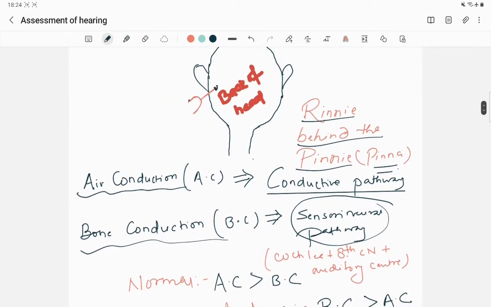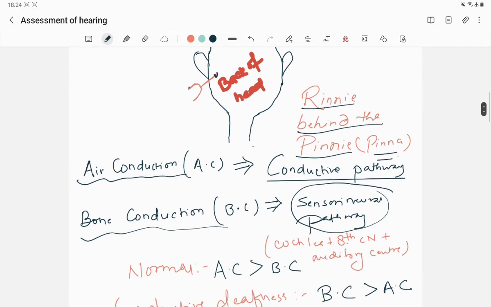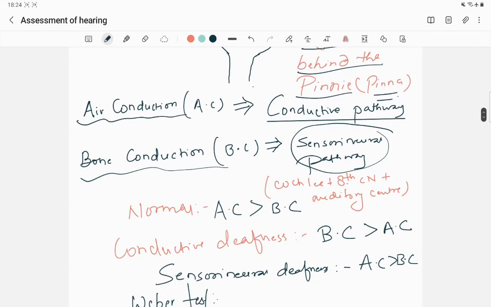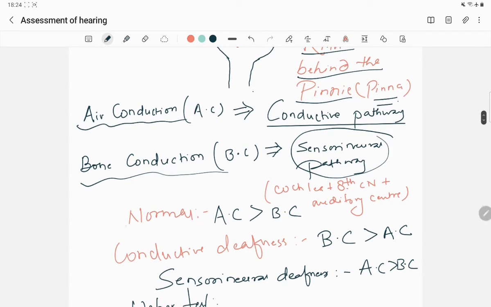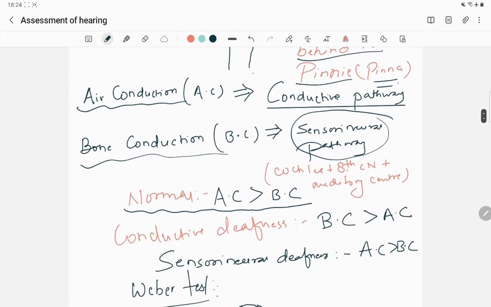Now if the person says he hears better when it is kept next to the ear, that is his conductive pathway, so that will be normal. In a normal individual, air conduction will be better than bone conduction. He will hear more clearly when it is placed just next to his pinna rather than stimulating his bone.